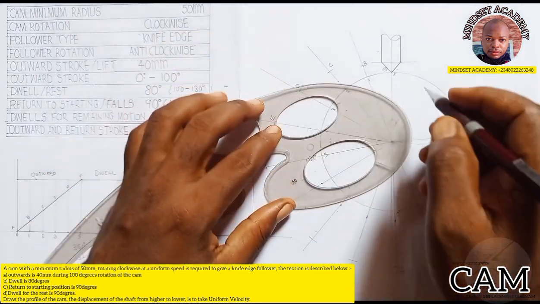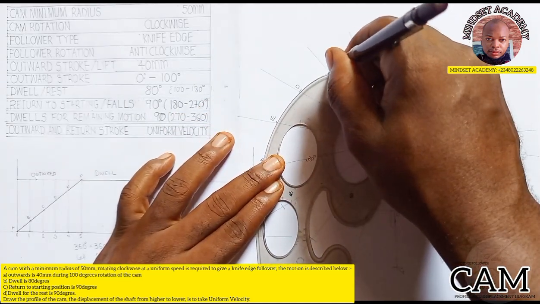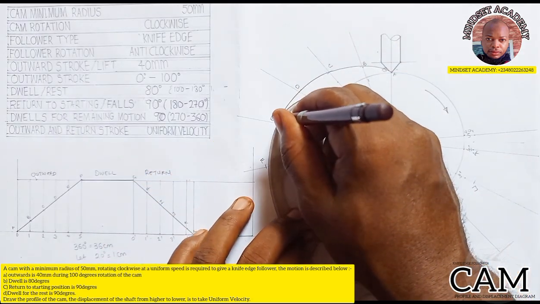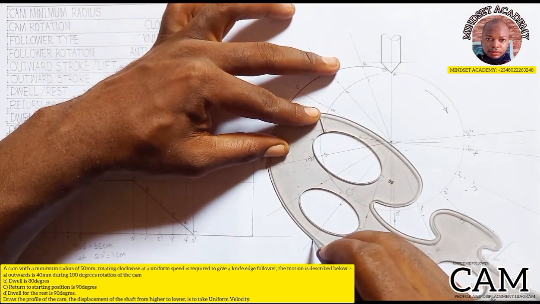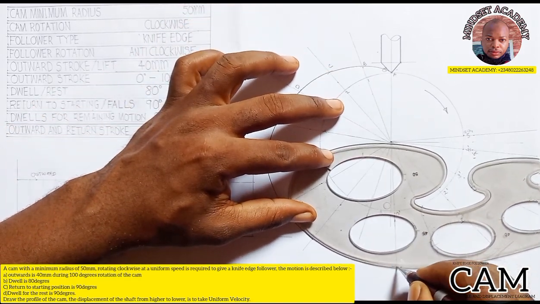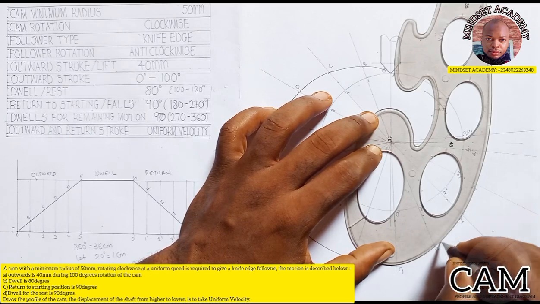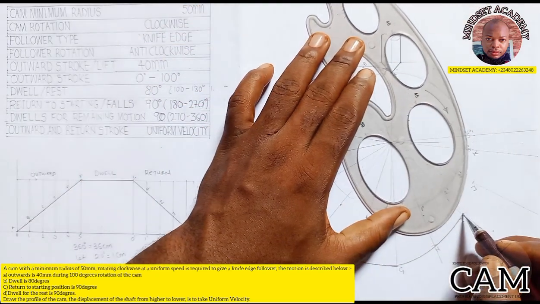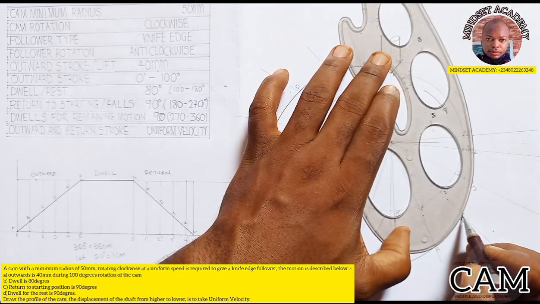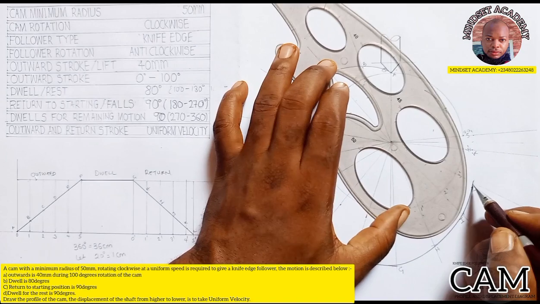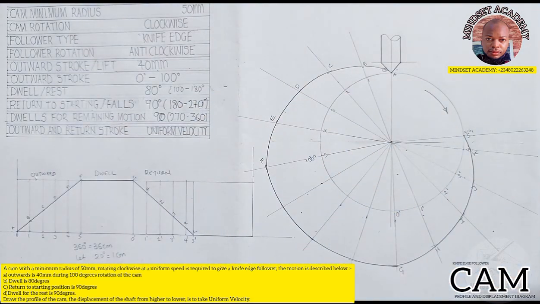Then I'll join those points in this manner. And the rest is dwell, just like this.